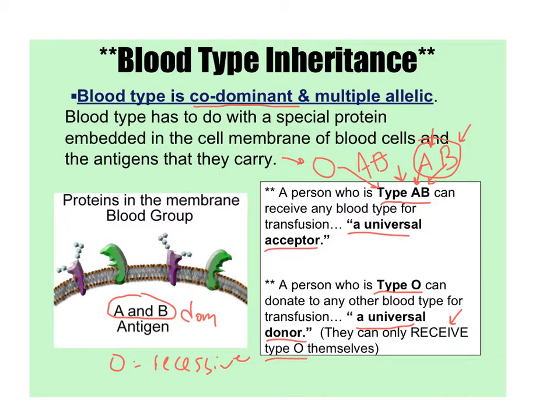Now, just really fast, I don't know if you guys remember, but we talked about the jobs of proteins, and one of the jobs of proteins was that they served as like a name tag or an ID card for your cells. Well, your blood cells have little name tags on them. One of them is the type A name tag, and those are called antigens. And you have the type B antigen.